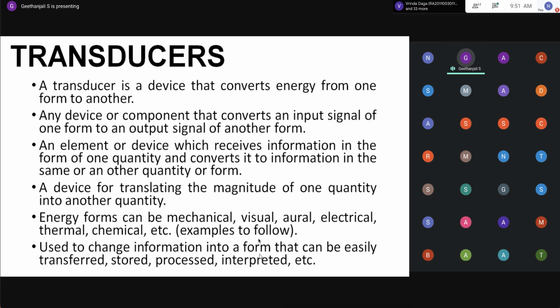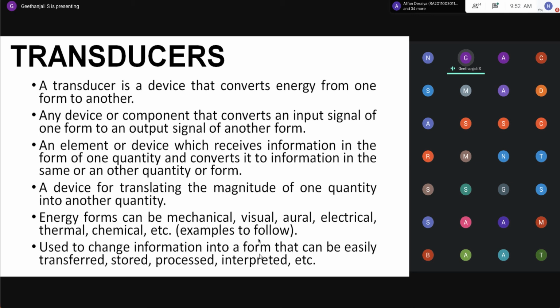An element or device which receives information in the form of one quantity and converts it to information in the same or another quantity or form. The next point is a device for translating the magnitude of one quantity into another quantity.